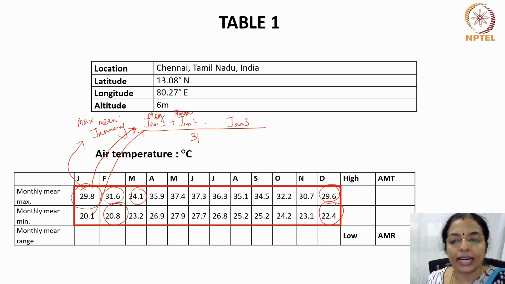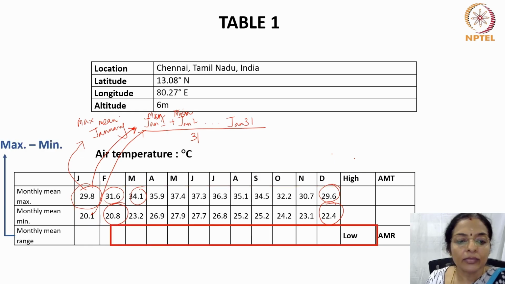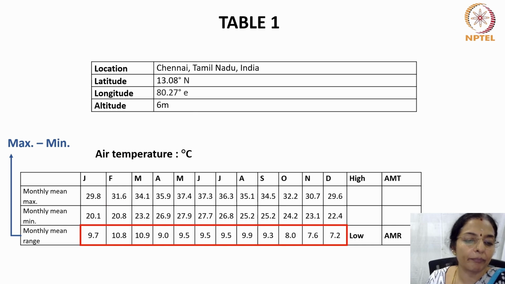Then after that, you have to fill the monthly mean range. What is the monthly mean range? Monthly mean range is the difference between monthly mean maximum and monthly mean minimum, which is, here we have seen the monthly mean maximum is 29.8. The monthly mean minimum is 20.1. The difference is 9.7.